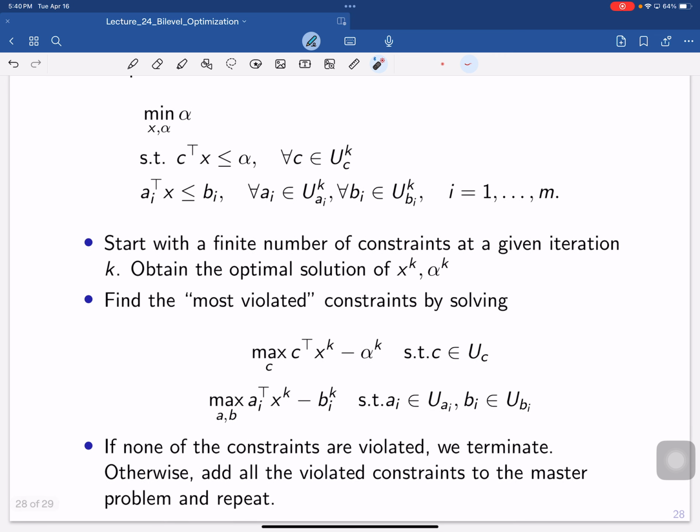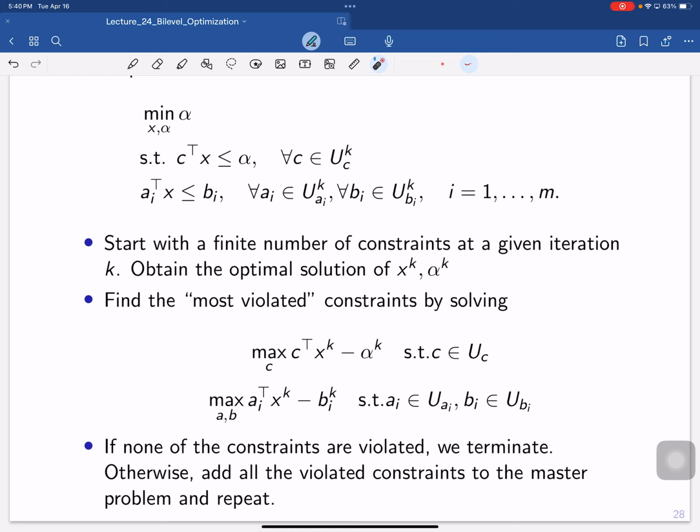The other thing you can do is that for each of the constraints, we also find the maximum violation. If you find that none of those constraints are violated, in the sense that this thing is less than or equal to 0, meaning that even the most violated constraints are not violated, then you can terminate.